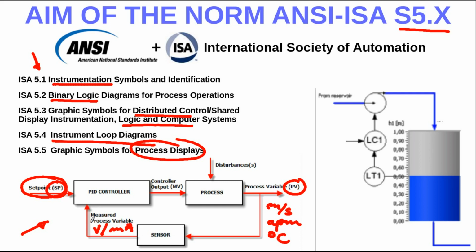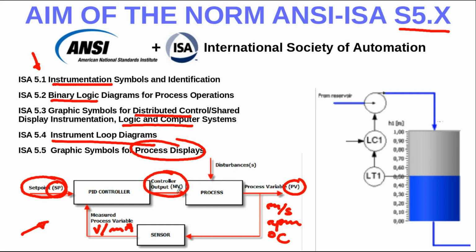So two electrical variables are compared within the PID controller, and the PID controller applies some control law we're gonna have a look at later on, and this controller calculates which is the optimum output for the process.